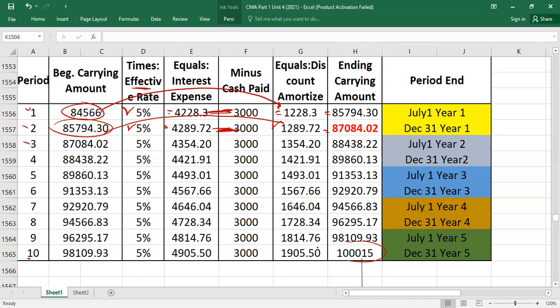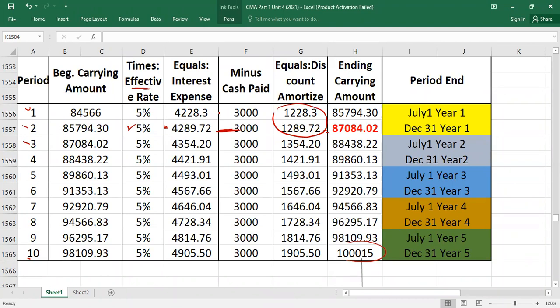I'm asking a question. See, it's your presence of mind I'm checking. What is the amortization of discount in the first year? In the first year, how many periods will be there? 2 periods. So this is the amortization of discount for the first period.